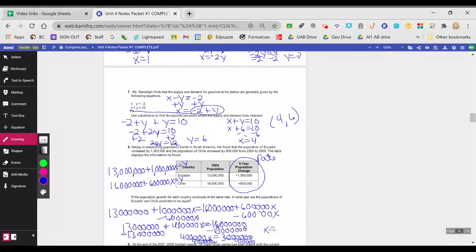And I get x equals, use my calculator for that. Be careful with typing all your zeros. And I get 7.5. So it'll take 7.5 years.